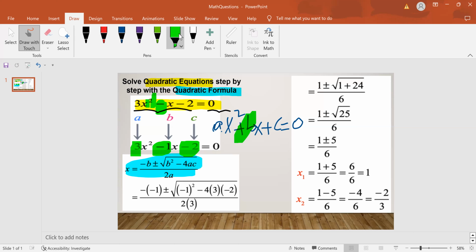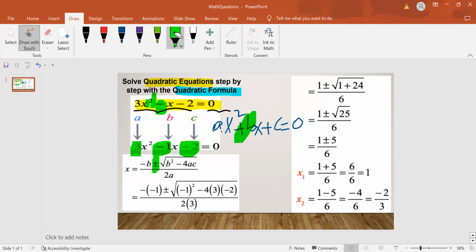In the formula we have the plus or minus. This tells you that one solution will have negative b plus the square root part divided by 2a, and the other will have negative b minus the square root part divided by 2a.